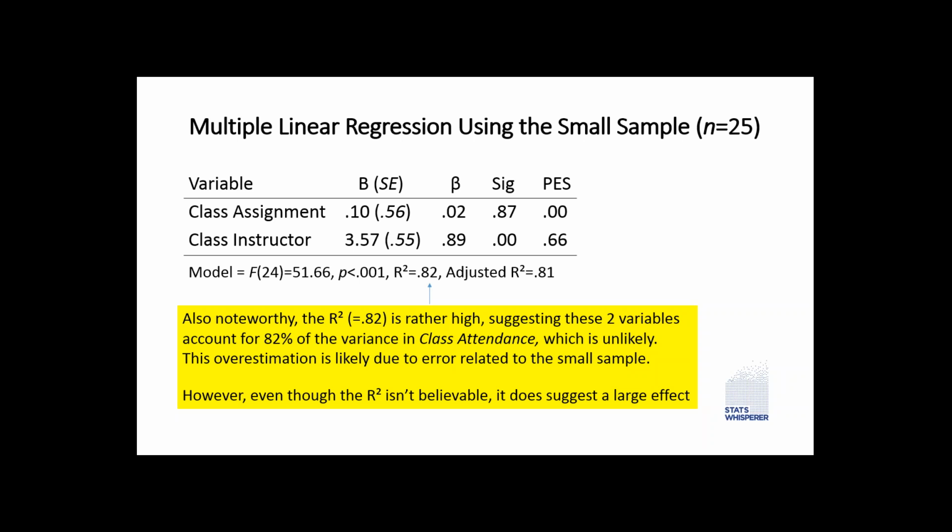That's not realistic, and this is probably not the actual effect size in the population, but this high effect size suggests there's a really strong relationship between the class instructor and attendance.